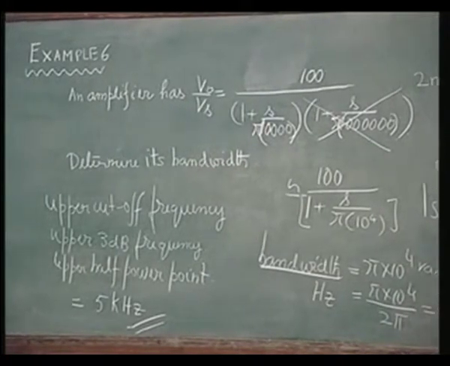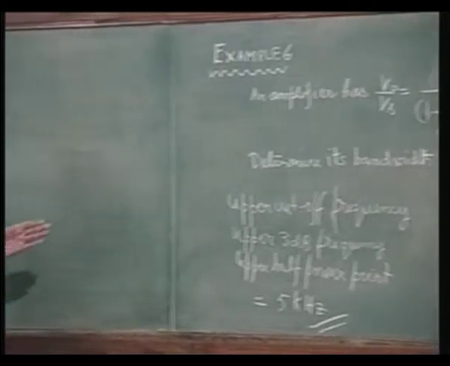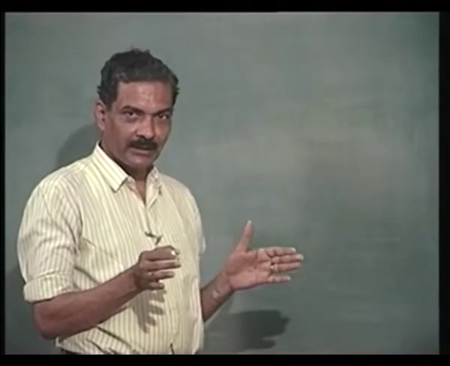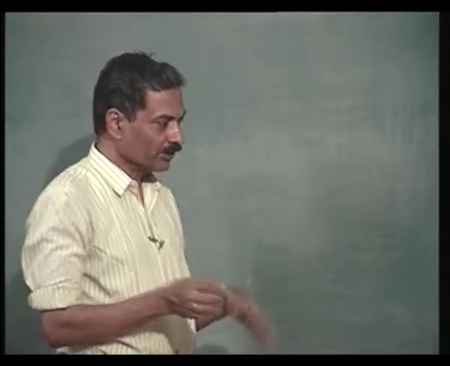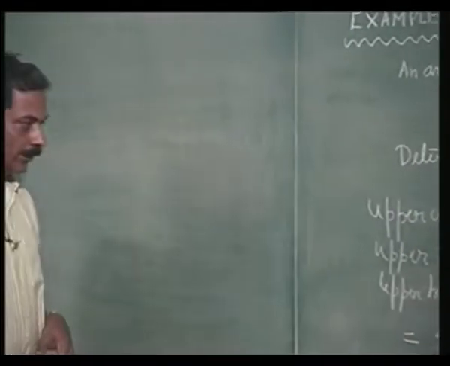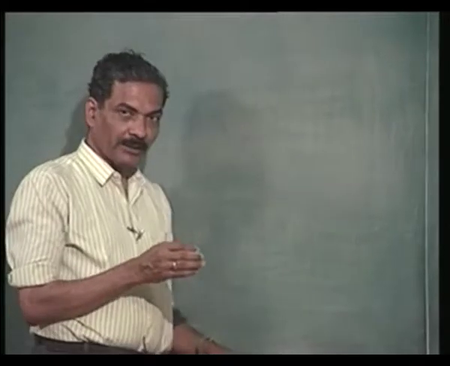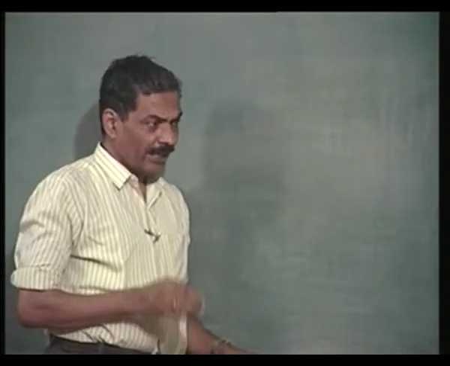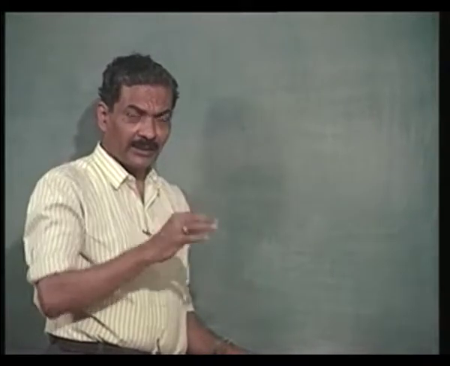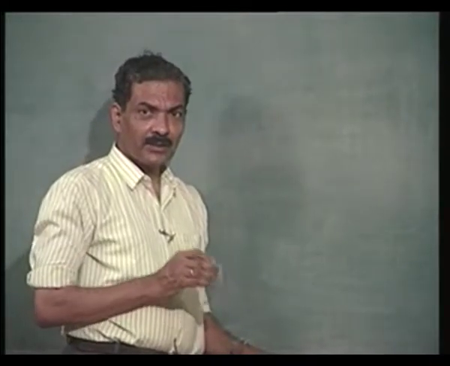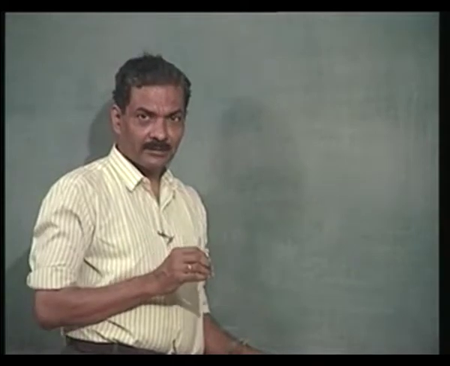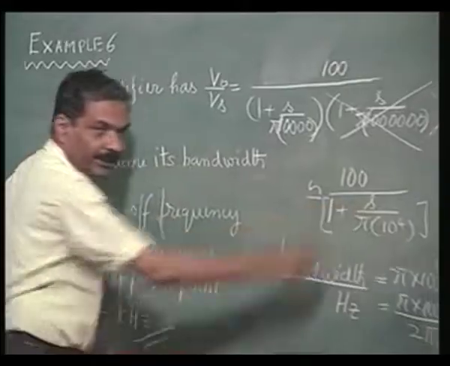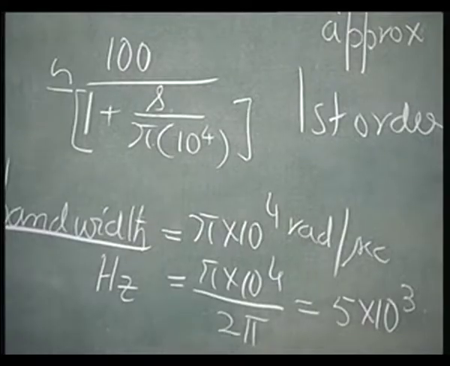That means the useful range wherein the signal is not going to be much affected due to frequency, that range corresponds to 5 kilohertz. So, this is an important parameter associated with amplifiers. What does it mean? At 5 kilohertz already attenuation is going to be by 3 dB. At 5 kilohertz, if you see, this becomes 1 plus j. So, attenuation becomes 3 decibels.